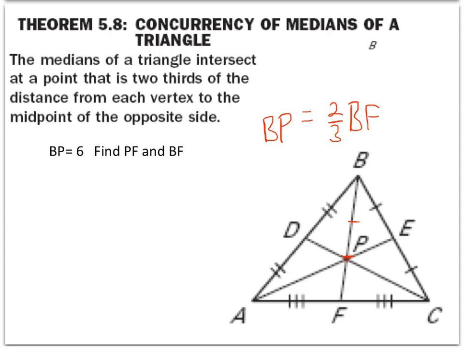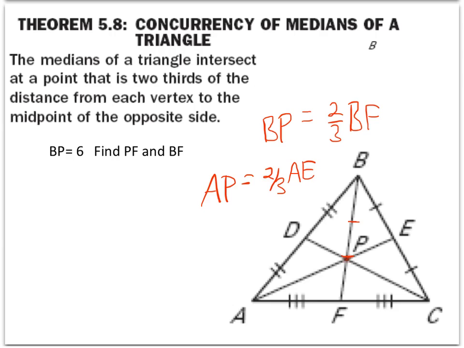This is always the case, and this is the concurrency of medians of a triangle. The centroid of the triangle, so the point where these three medians intersect, is always 2/3 of the distance from each vertex. So similarly, we could break up AE into three equal portions, and AP would also be equal to 2/3 of that median, which is AE.